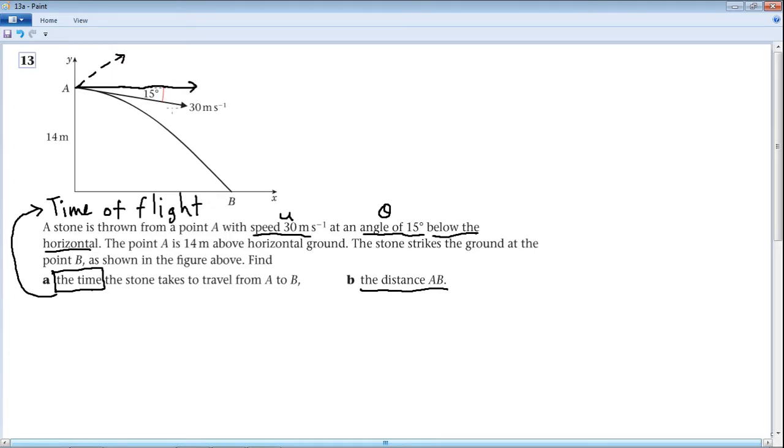So this is the new case, and this is the other case. Before, we have learned about the case like this with theta, and about the horizontal case where theta is equal to 0.